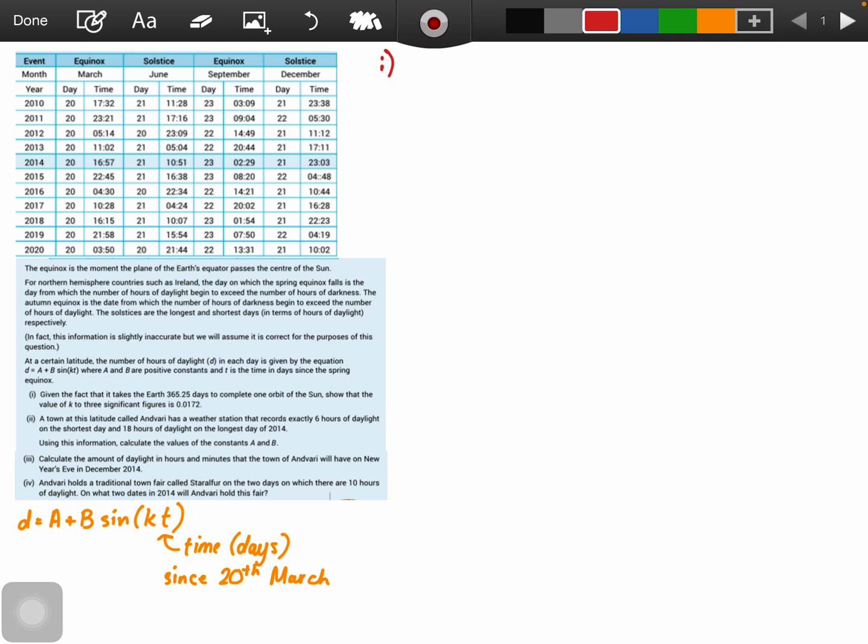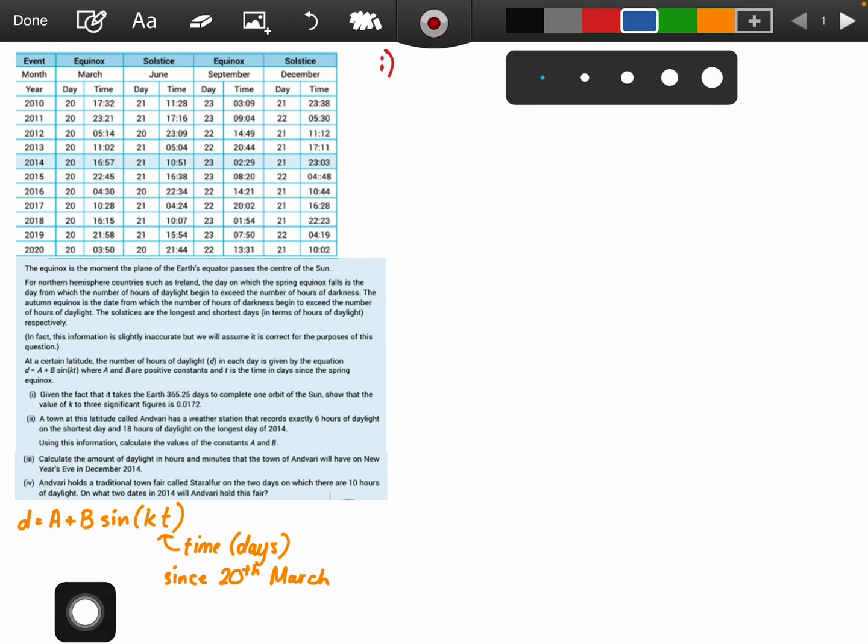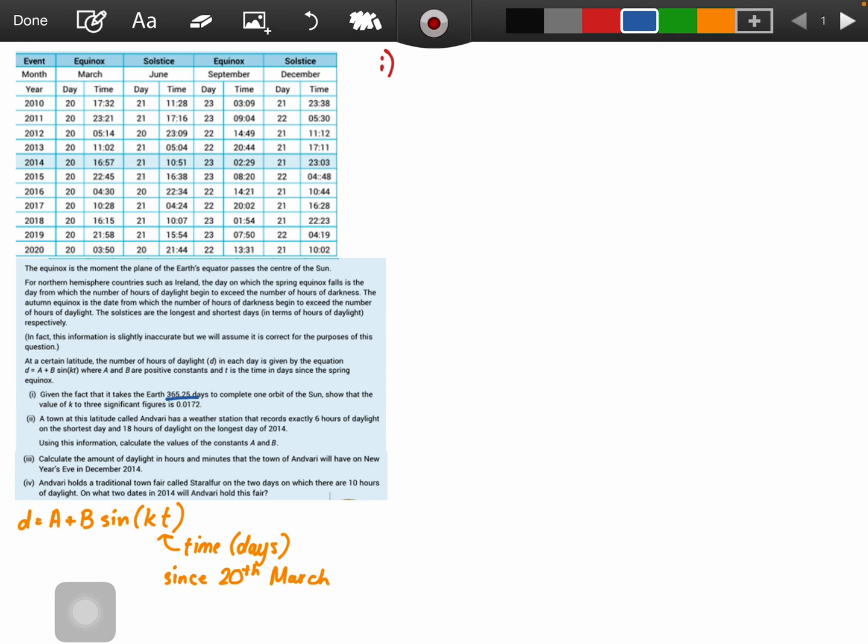So how am I going to get C, or in this case K? Well, this is how often it repeats itself. So I am going to say 2 pi divided by 365.25 days.